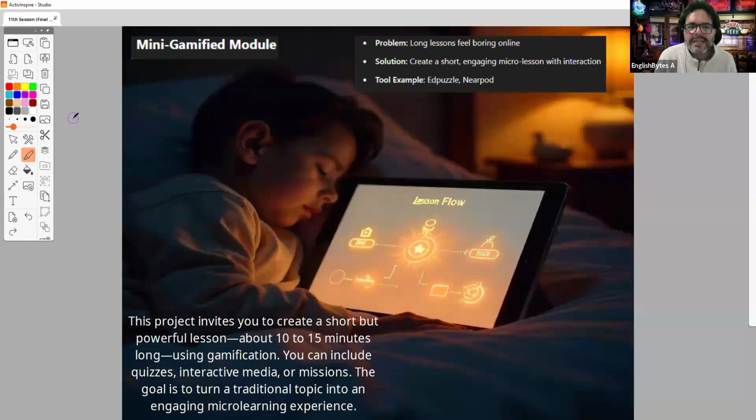Mini gamified module. So what's the problem here? Long lessons feel boring online, especially if it's young children. I can't remember who told me they were having problems at their school because they were trying to force you to work a complete hour with really small children.